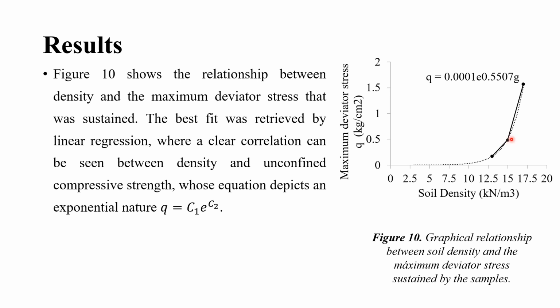It is very interesting to see that there is no linear correlation between these two properties of the soil samples. That is, there is no hope of trying to predict the maximum deviator stress experienced by soil samples as a linear correlation. There is a non-linear correlation here.